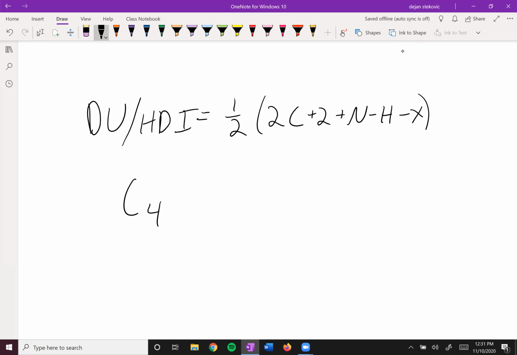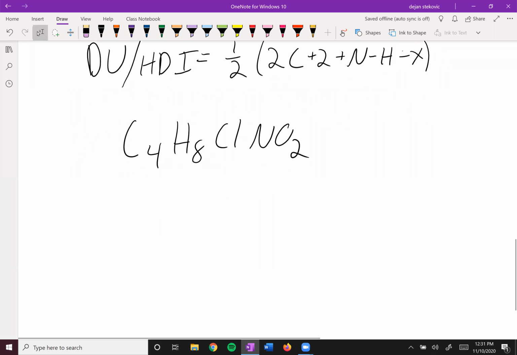So for example, if we have a molecular compound that's C4H8ClNO2, we can plug that into this equation, right?